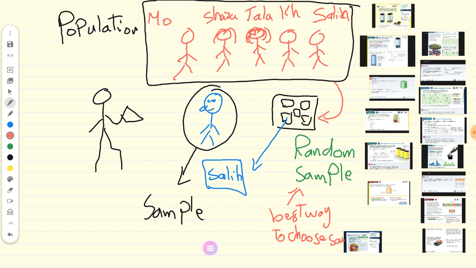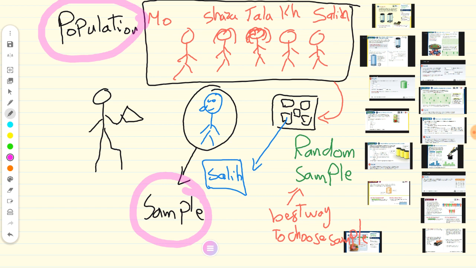So just concentrate with me on these three definitions. Population, sample. The way we choose the sample is random sample. So we choose it randomly.